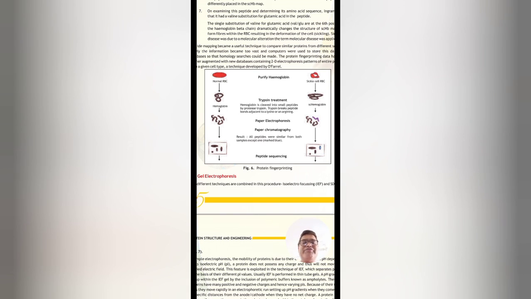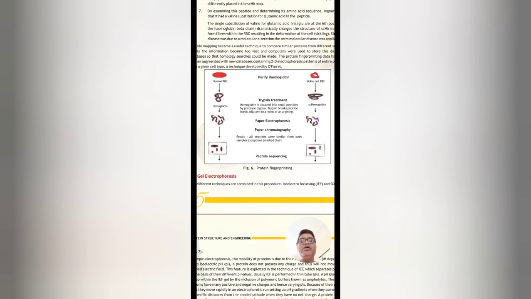Then he found the different spot present in the sickle cell, isolated that spot, and proceeded for peptide sequencing with the help of MALDI-TOF, using a reference sample, and tried to find what changes occur due to the point mutation.